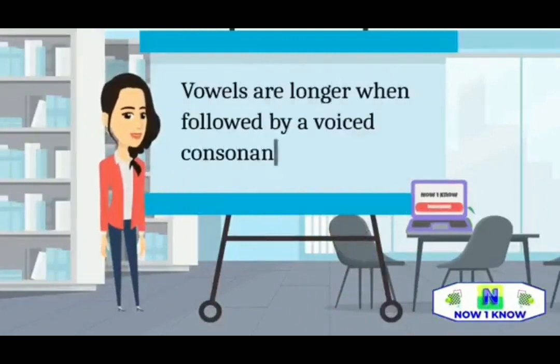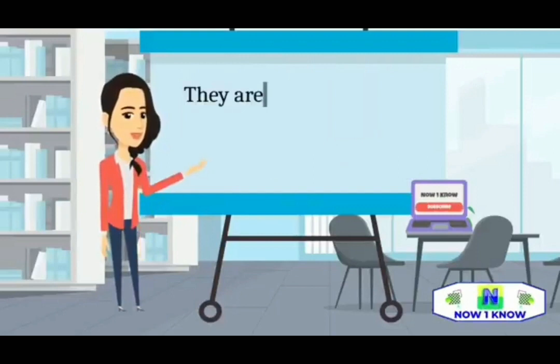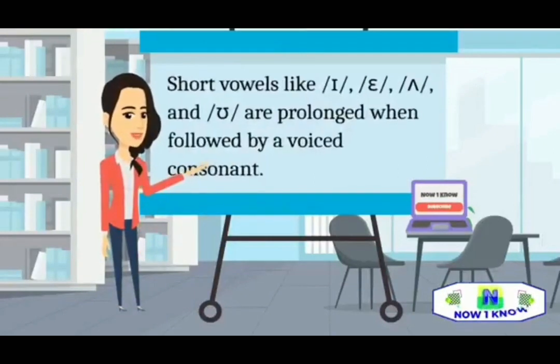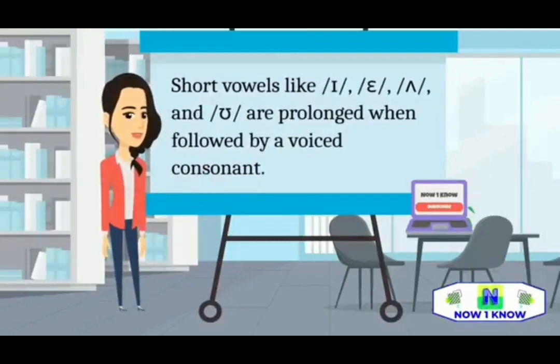Vowel length. Vowels are longer when followed by a voiced consonant and shorter when followed by a voiceless consonant. Even short vowels like e, i, and p are prolonged when followed by a voiced consonant.